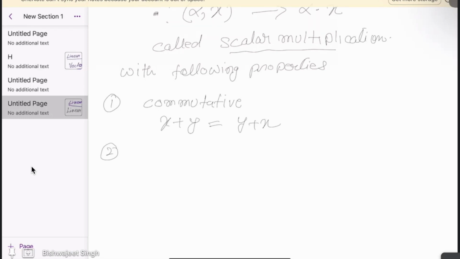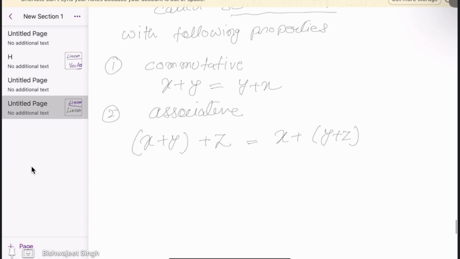Then we have associativity. What does it mean? It says that you first take x plus y and then add z, or you take y plus z first and then add x. Both things are going to be the same.